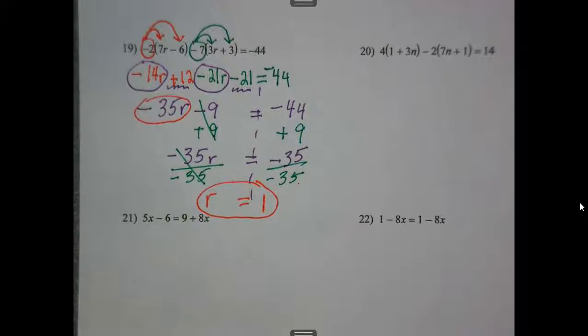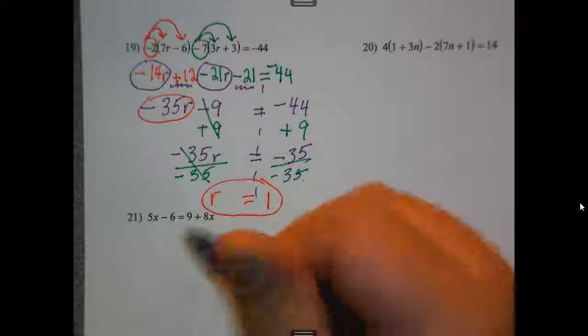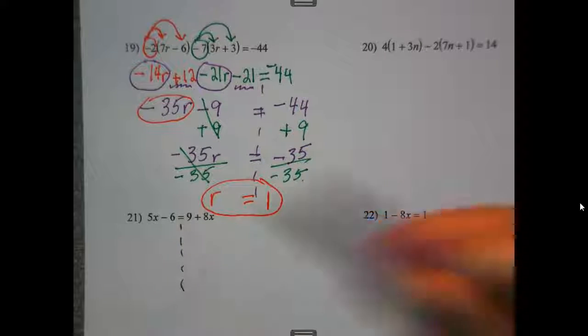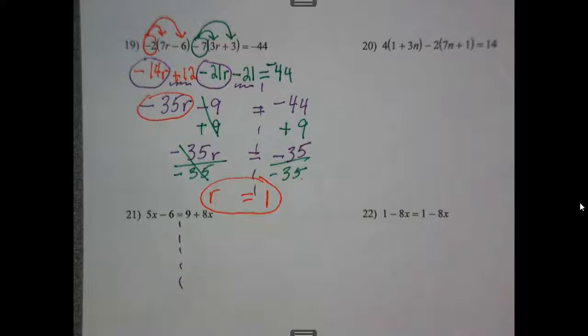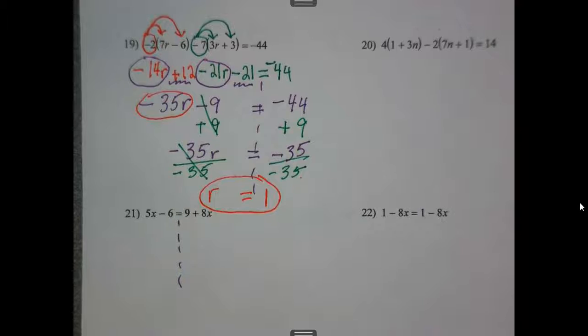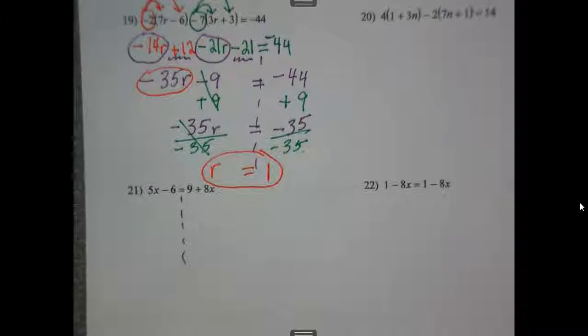21. This time I have x's on both sides of the equation. So I'm going to have to get the x's on one side and everything else on the other. Now I like for my x's to be positive. You can do this different ways.